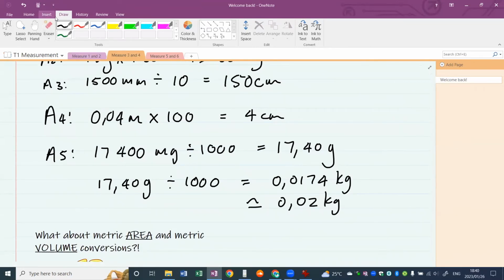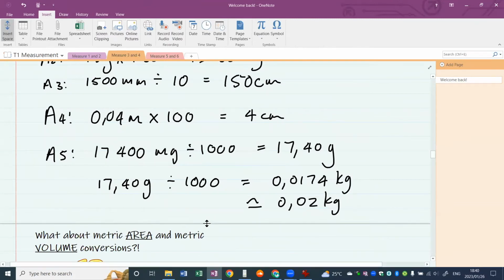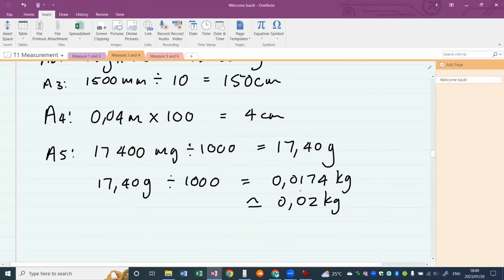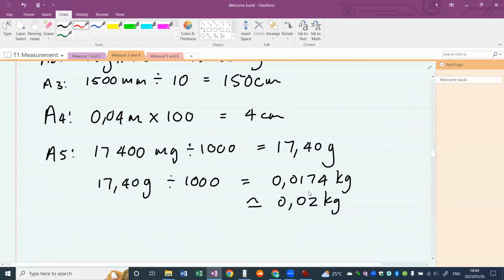If they're saying round your answer to 2 decimal places, for the 0.0174 we have to look at the second decimal there, which is the 1. Will that 1 change? Yes, the 7 is bigger than 5, so the 1 becomes a 2. That leaves us with 0.02 kilograms. And this funny symbol here, you don't have to draw it like that.